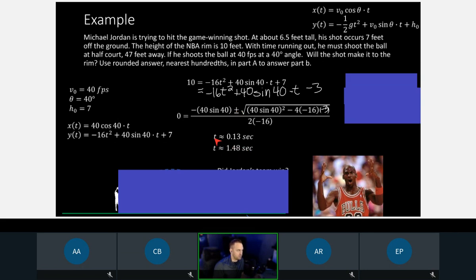So this first time is about 0.13 seconds. This is when he shoots the ball. Remember, it leaves his hand at 7 feet in the air, so it takes about 0.13 seconds for the ball to first get to 10 feet, and then it's still traveling upwards, and at some point it starts traveling downwards, and at 1.48 seconds, it's back at 10 feet.